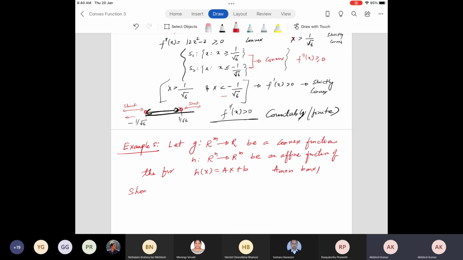So that the composite function f, Rn to R, defined as f of x equals to g of hx is a convex function.